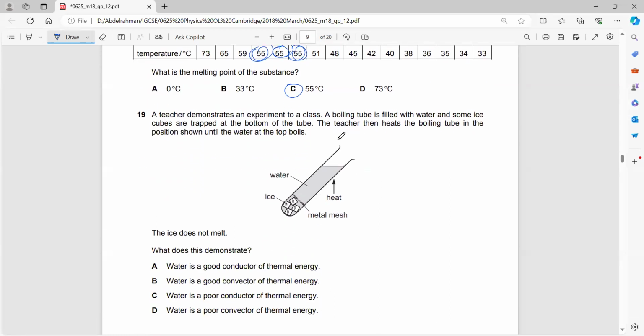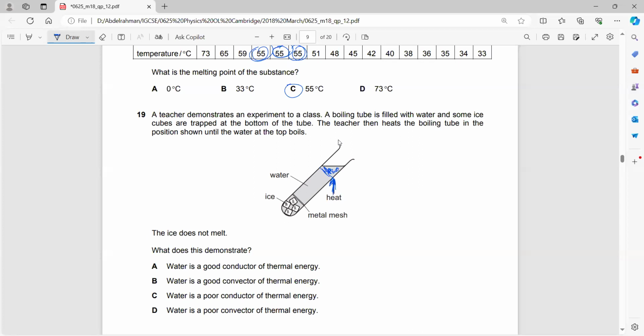Question 19. A teacher demonstrates an experiment to a class. We have a tube of water. She tilted this test tube a bit, and the heat was applied only to the top of the water, only to this part.